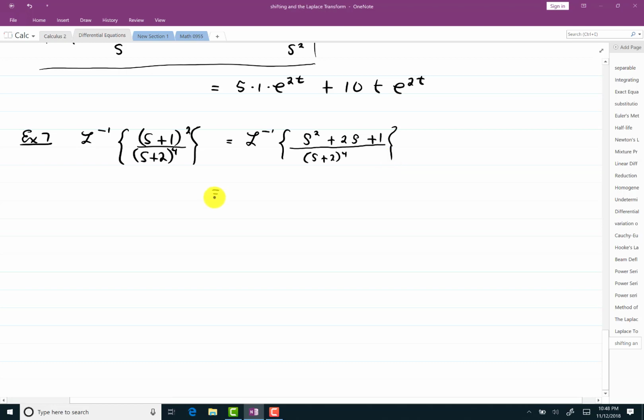And then I can try to get myself an s plus 2 to factor up here. It was only s plus 1. But then if I want that to work, from an s squared, I'm going to be able to get an s plus 2 squared if I do the following stuff.